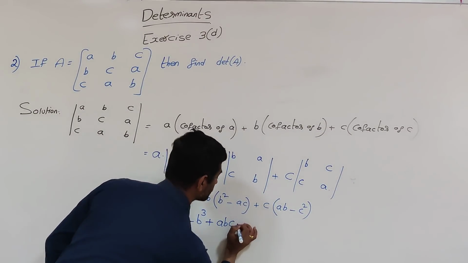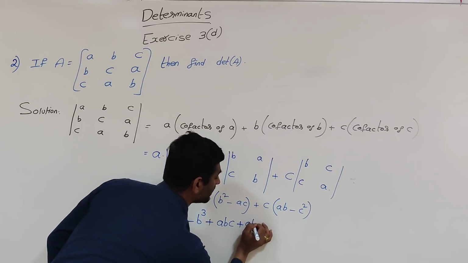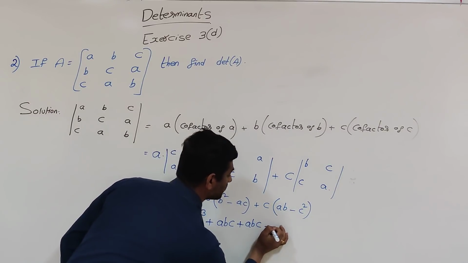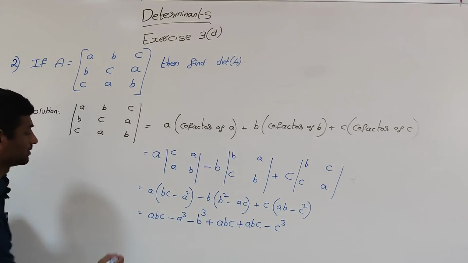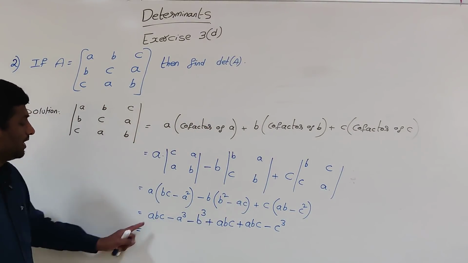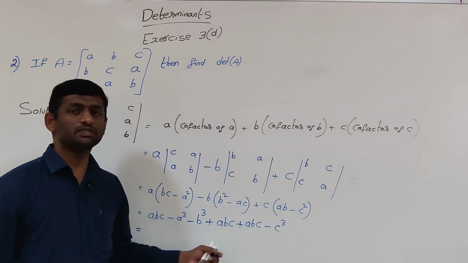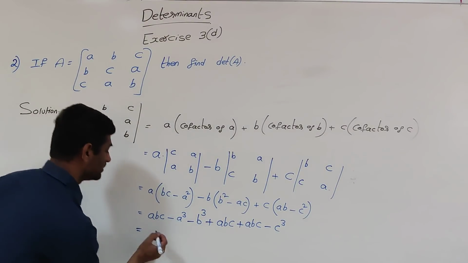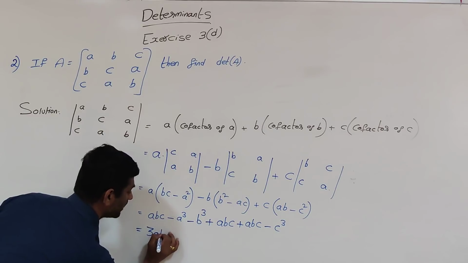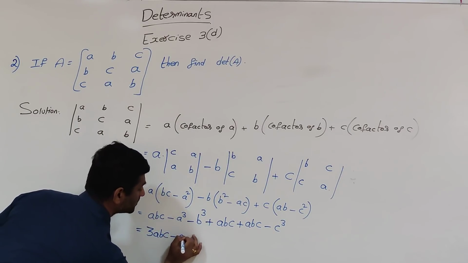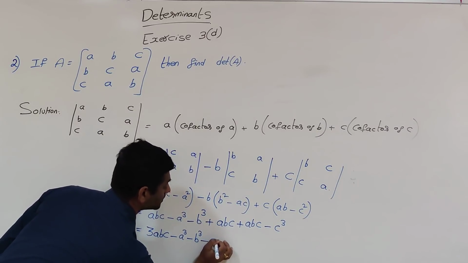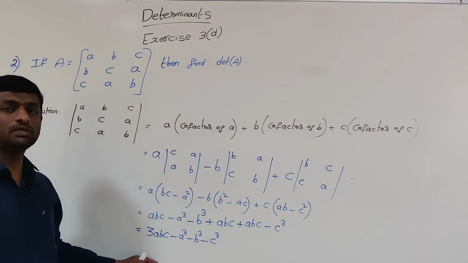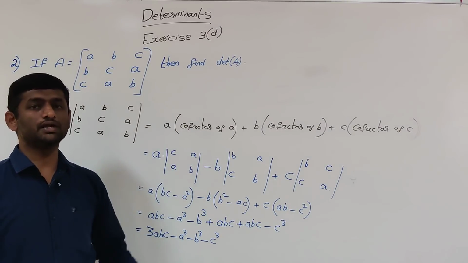Plus C into AB minus C square gives ABC minus C cube, because C into C square is C cube. So if you simplify, ABC, ABC, ABC are all like terms, so we have 3ABC minus A cube minus B cube minus C cube. So this is the determinant of the square matrix A.